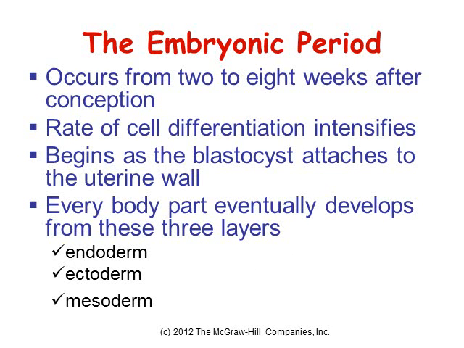So the embryonic period is the next period, which occurs from 2 to 8 weeks after conception. During this period, the rate of cell differentiation intensifies, and it begins as the blastocyte attaches to the uterine wall. Every body part eventually develops from these three layers: the endoderm, the ectoderm, and the mesoderm.